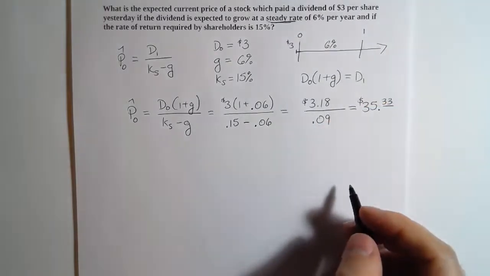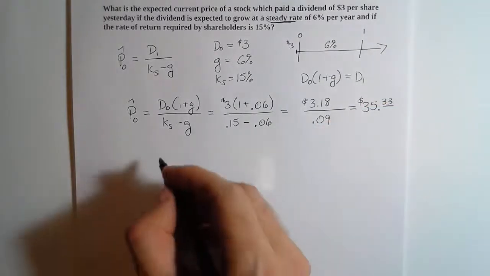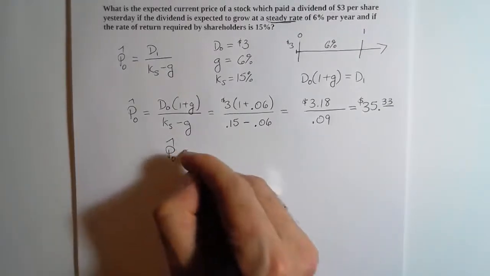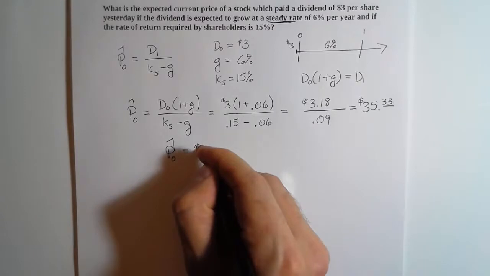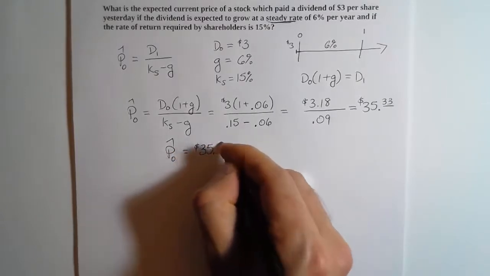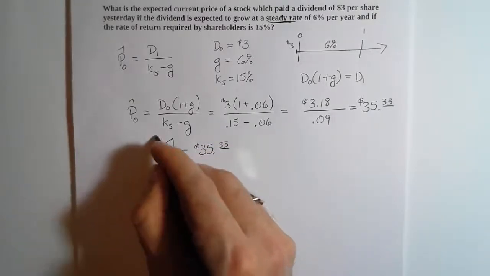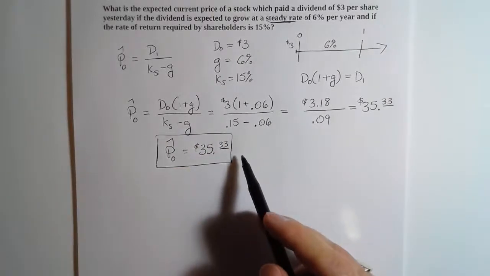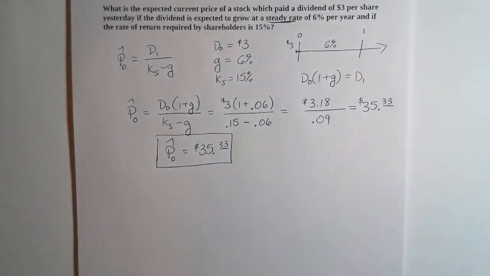So that would mean that what we would expect the stock to sell for, or the expected price of the stock today, the hat indicates expected, is $35.33. And that would be the expected value of this particular constant rate of growth stock. I recommend you try some other examples and see how you do.